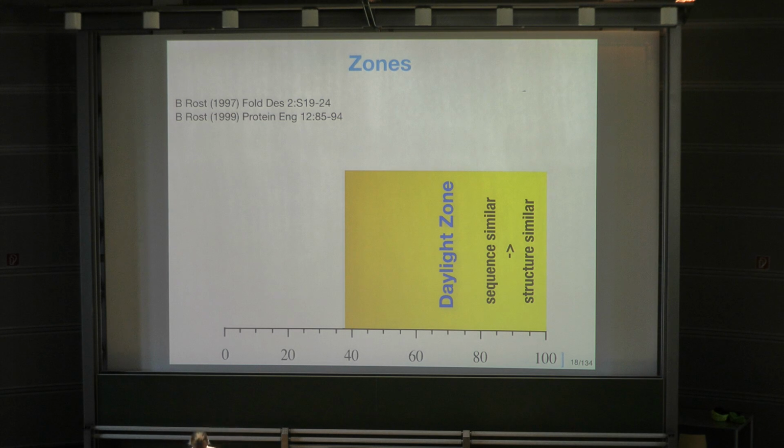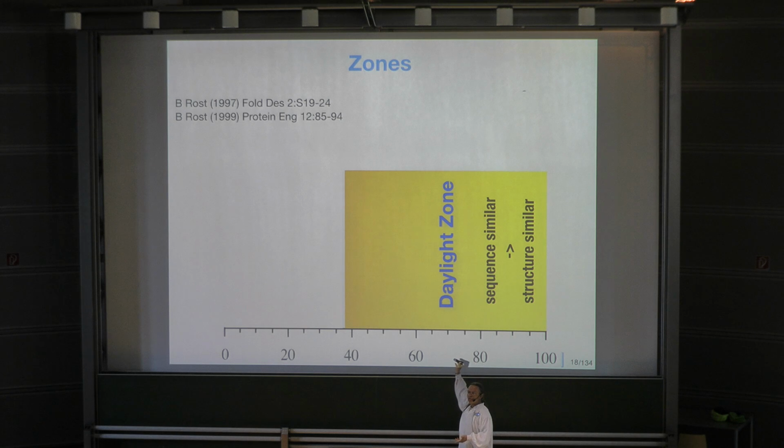So daylight zone, the idea again, what I'm asking is, I talked about dynamic programming, I talked about fast hashing methods to compare two sequences. Now the next question is, this is a 1D comparison of sequences. At which level of sequence similarity, identity, or alignment score can I say that they have a similar structure? That's the question, right? And I'm beginning to look at it in terms of zones. So when two proteins are very, very similar, 100% identical, they have similar structures, that's clear.